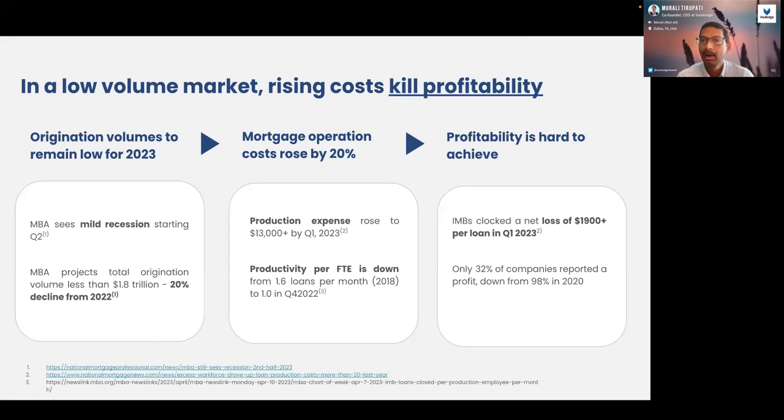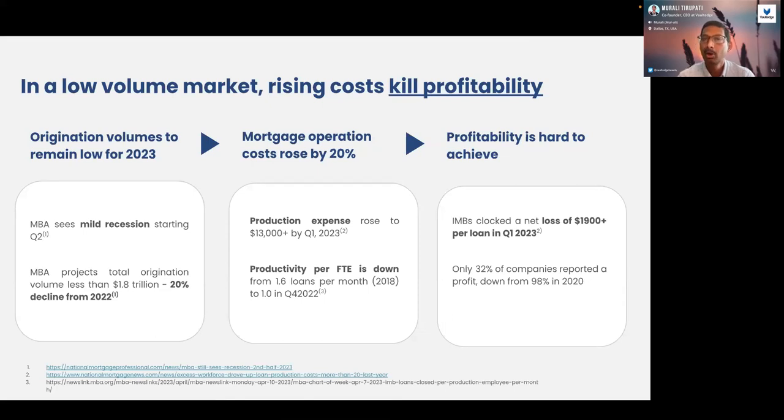If you look at IMBs, only 1 in 3 IMBs posted any profit at all in the last quarter. And the same number was 98% in 2020. And of course, 2020 was a good year for the mortgage industry. But even if you compare it historically, right now, with only 32% of the companies making any profit, this is much lower than the historical average.